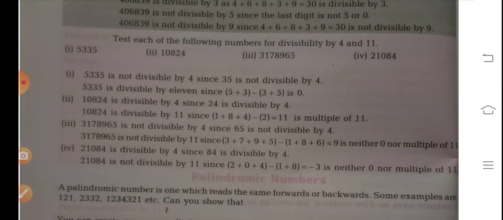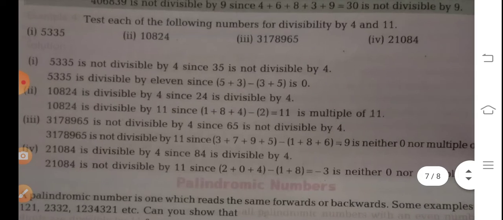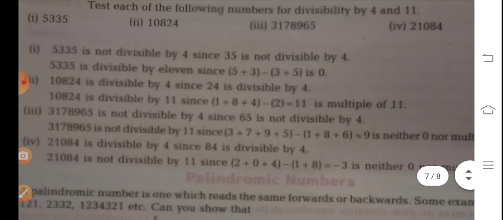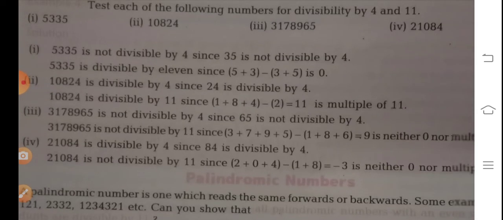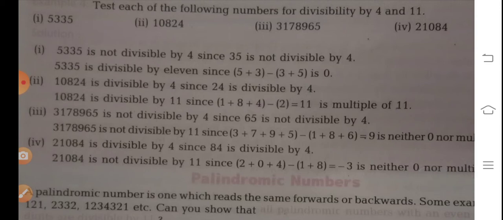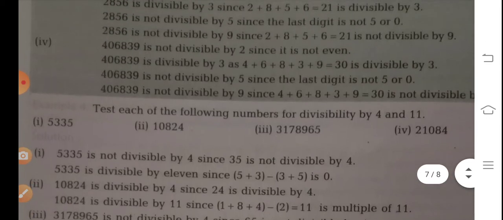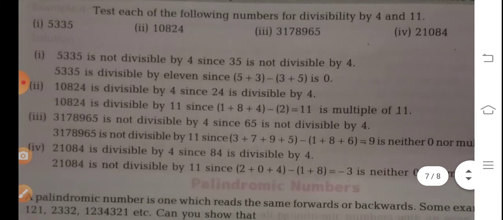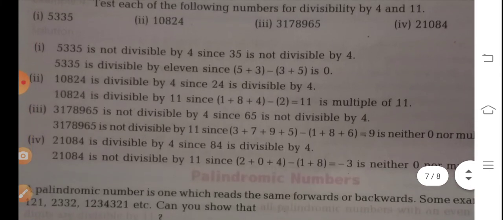Just like this one question, test whether each of the following numbers is divisible by 4 and 11. Firstly use the rule: it is not divisible by 4, because 35 is not divisible by 4. What is the rule of 4? If the number formed by the last two digits is divisible by 4, then the number is divisible by 4.